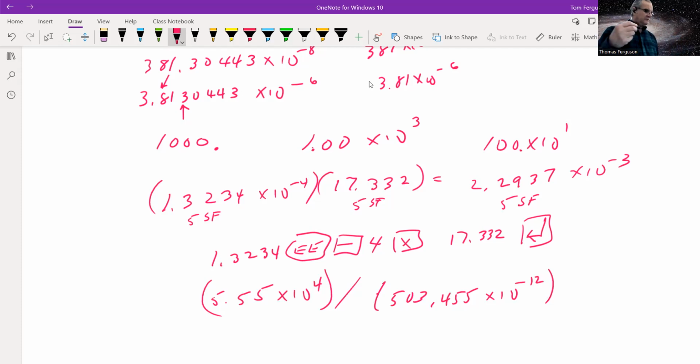So this one, the way you do it is 5.55 EE 4, divide key. So this is 503.455 EE, change sign, 12, enter.